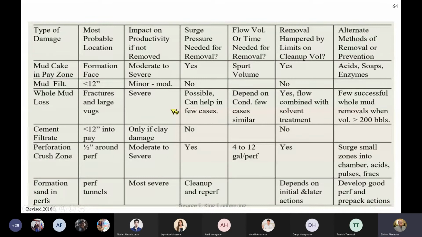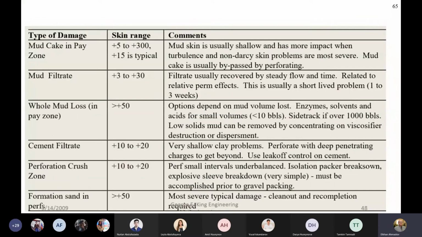The next table is showing what the results can be. For example, mud cake in the pay zone may again have a skin range between positive 5 to positive 30, with 15 typical, and 15 means 7.5.